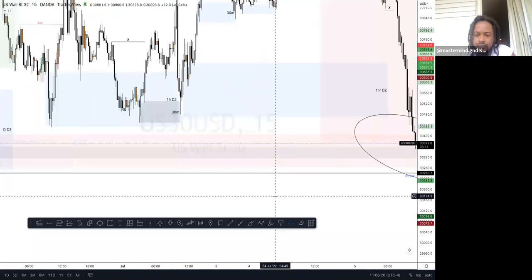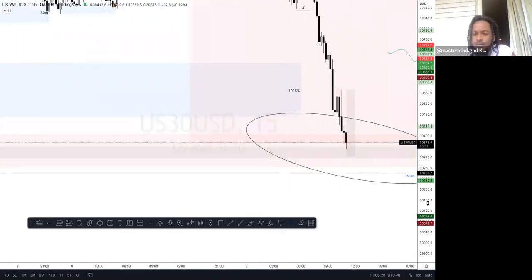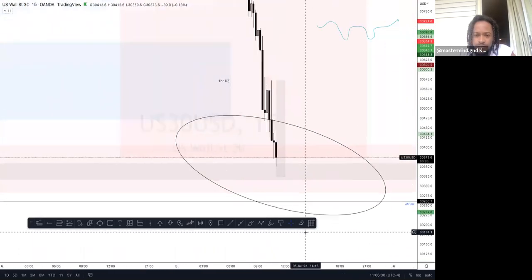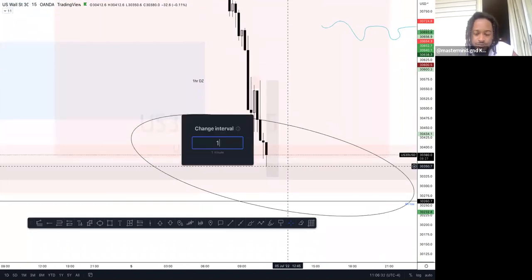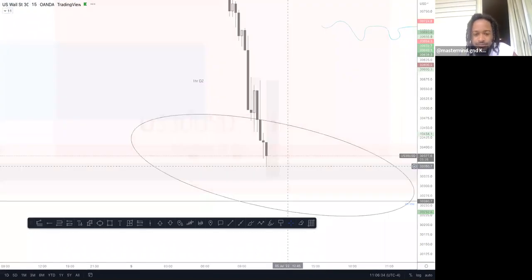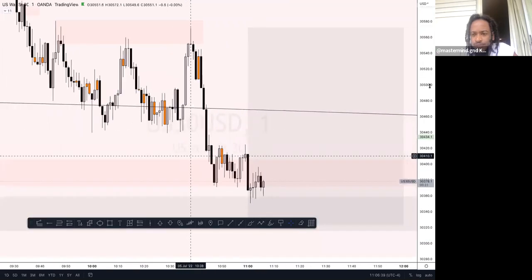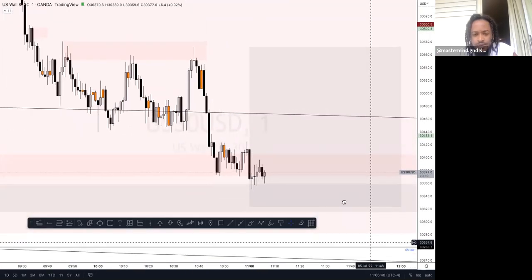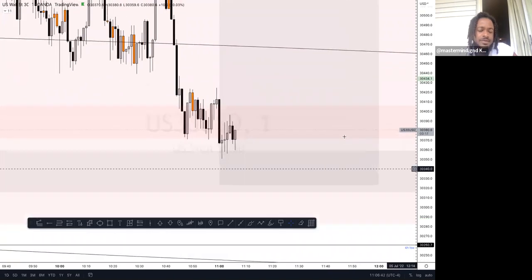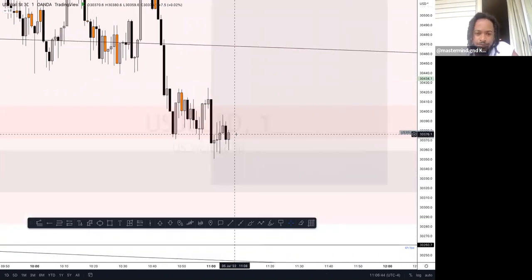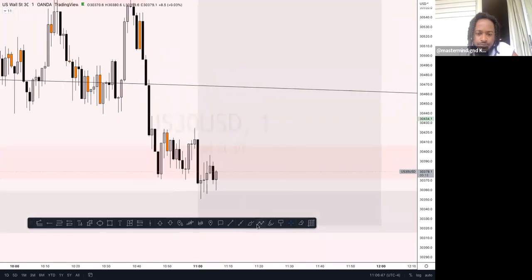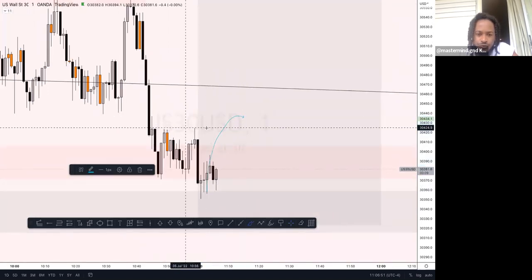So we're in a matrix right now, right? We're in a zone within the zone, within the zone, right? So we know we have the 4-hour demand, 15-minute demand. Doesn't mean it's gonna hold, but what we do right here, we just wait for a 1-minute breaker structure, right?